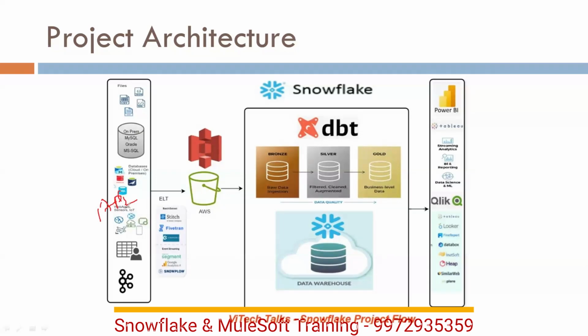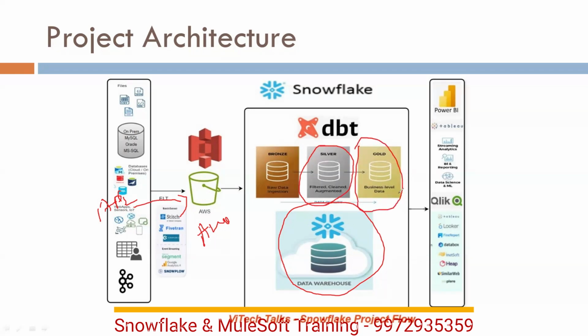By using these APIs, we are going to grab the data and keep it in AWS or Azure. From here, we are going to store it into data warehouses. Here we are going to do data cleaning, and after the data cleaning, we are going to create the data models.